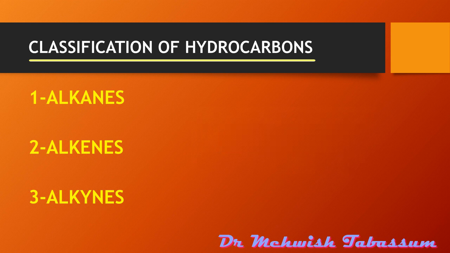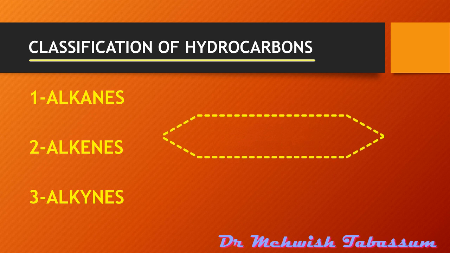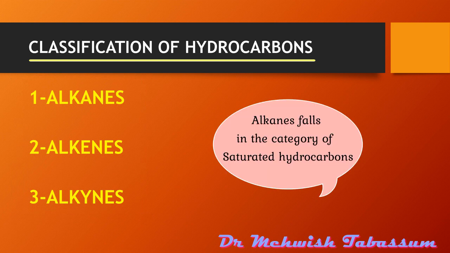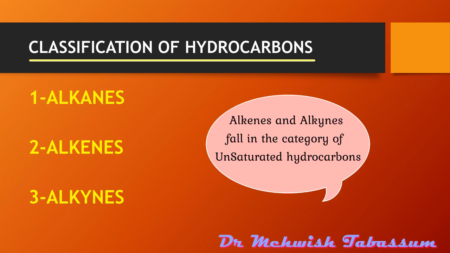So basically classification of hydrocarbons consists of two types of hydrocarbons, saturated and unsaturated. So further, alkanes, alkenes, and alkynes. Alkanes fall in the category of saturated hydrocarbons. Alkenes and alkynes fall in the category of unsaturated hydrocarbons.